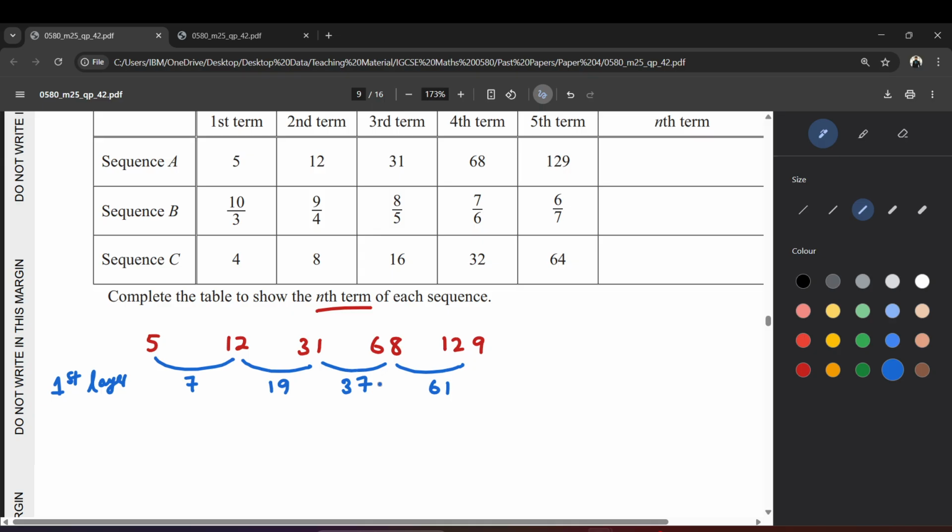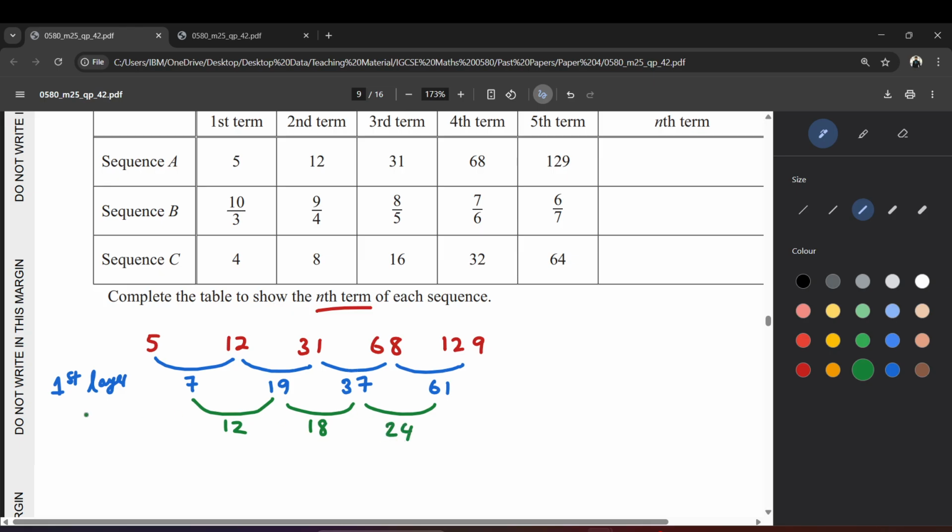But since that's not the case, we move to the second layer, where you find the difference between these. So 19 minus 7 is 12. 37 minus 19 is 18. And 61 minus 37 is 24.